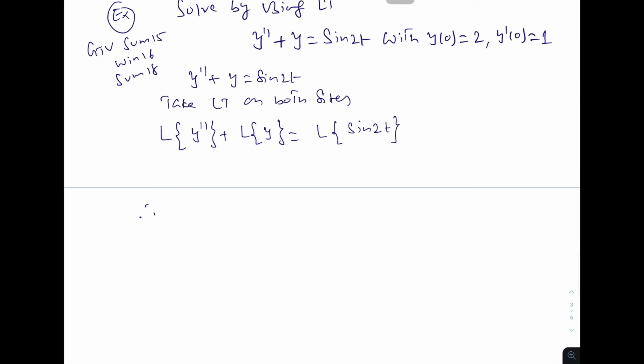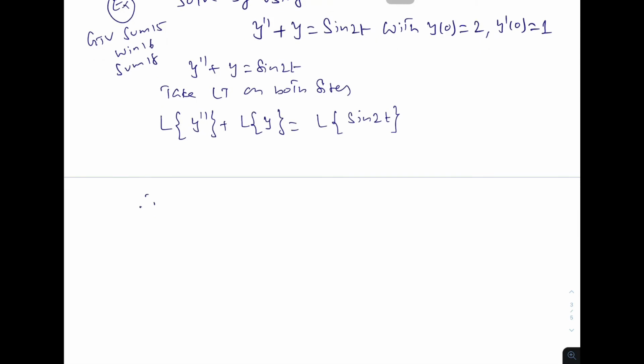Now the Laplace transformation of y second derivative is s square Y(s) minus s y at 0 minus y dash 0. Remember this formula. Plus the Laplace transformation of y is Y(s), and equal to the Laplace transformation of sin 2t, that is a upon s square plus a square, so 2 upon s square plus 4.